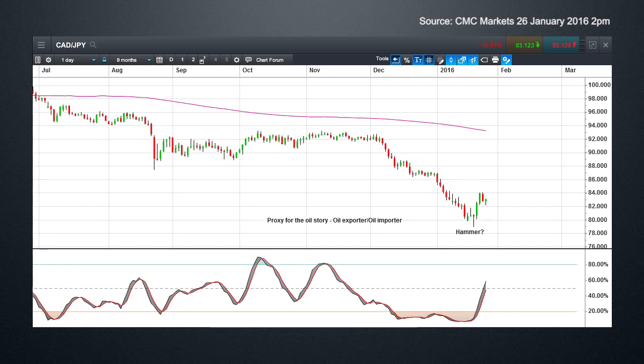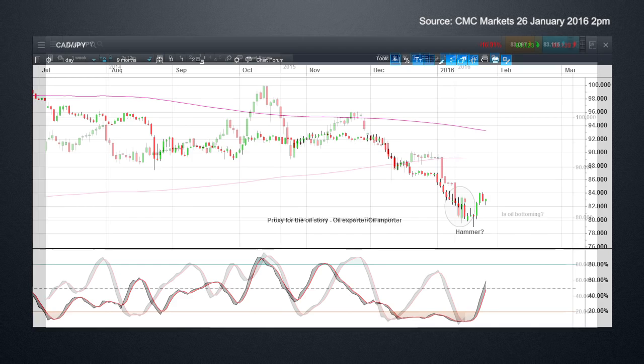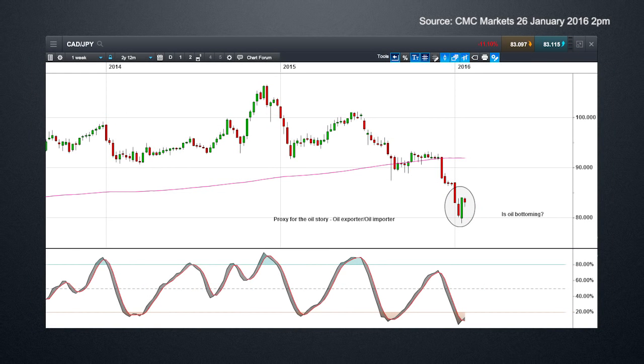So let's start by looking at the daily chart, and in particular at a candle last week, which I've identified as a hammer. Now, this hammer does appear to suggest that we could well have a base in place, but we still need confirmation of that. So what I've done with this Canadian dollar Japanese yen chart is I've moved it forward to a weekly chart. Now, on the weekly chart, we've posted a bullish engulfing week. Historically, these sorts of candles tend to act as a positive arbiter of a rebound.